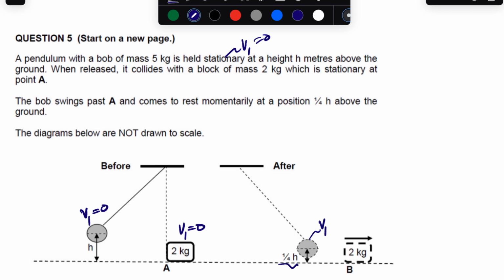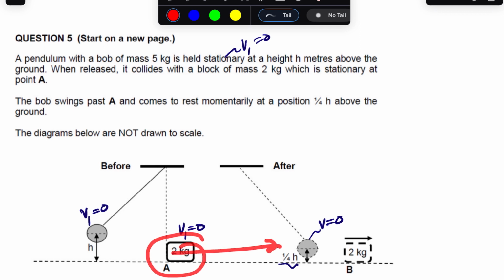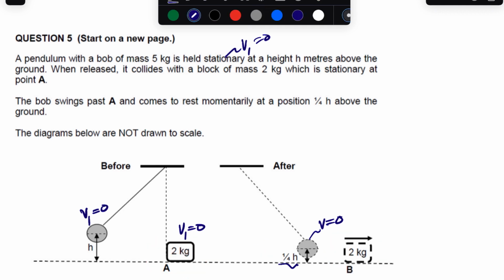So the velocity there, while it is at rest momentarily, is 0. It says the diagram below is not drawn to scale. So the collision kicks this block and it moves to the right with a velocity, which is the velocity after collision.